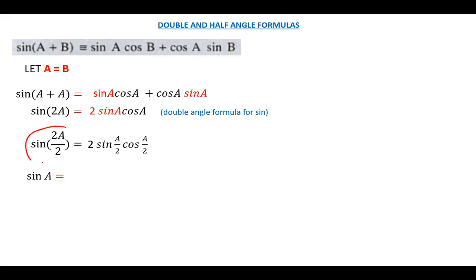When you divide 2A by 2, you remain with A. So this is going to be sine A is equal to 2 sine A over 2 cos A over 2. So this one is called the half angle formula for sine.